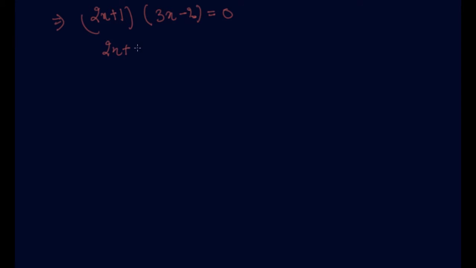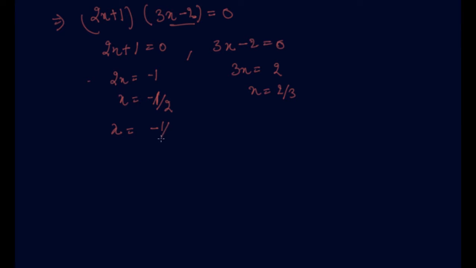Either 2x plus 1 should be equal to 0 or 3x minus 2 will be equal to 0. So 2x will equal minus 1 and we will find that x will be minus 1 by 2, and from this 3x equals 2 and we get the value 2 by 3. So we get two values of x, minus 1 by 2 or 2 by 3.